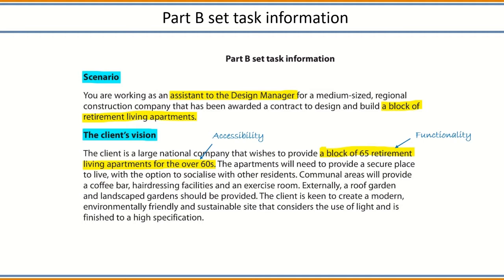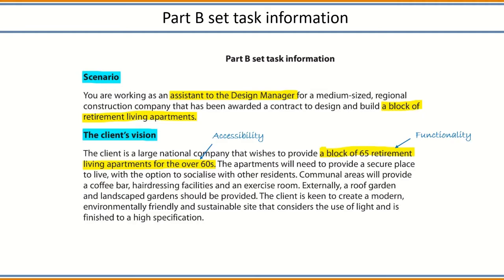Every building must be accessible for people of all ages and abilities, but especially this one because the age of the users is going to be over 60. People with disabilities and individuals with limited mobility must be able to use the building with ease and without encountering barriers to access.